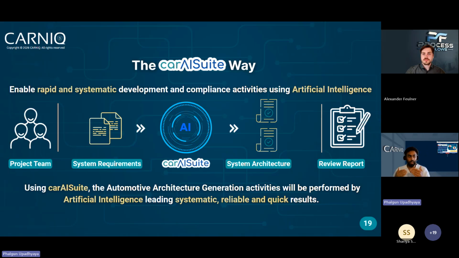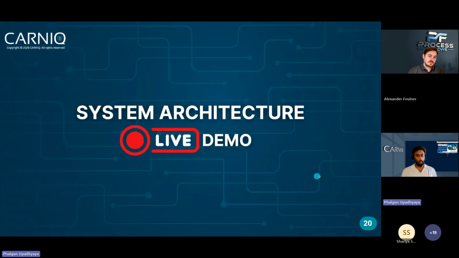And as an output, you will get the system architecture along with a compliance report, which is a review report of what all points were covered in the architecture, what all are yet to be covered, what all has to be reviewed, etc. So using the carAISuite tool, you can perform the architecture generation itself in the AI way, with a very reliable and quick result. So you can already have the first versions out, and then you can start working around that. So that is the base technology behind the carAISuite way.